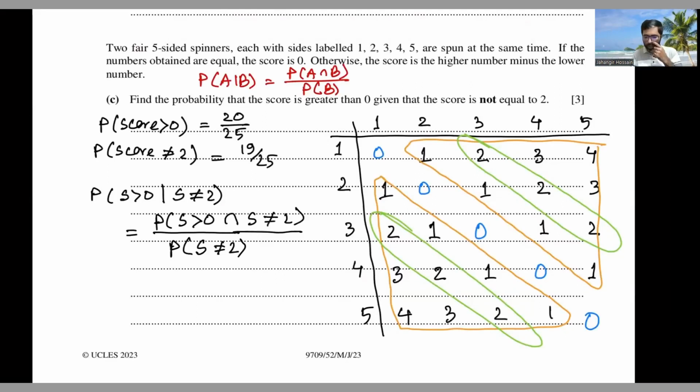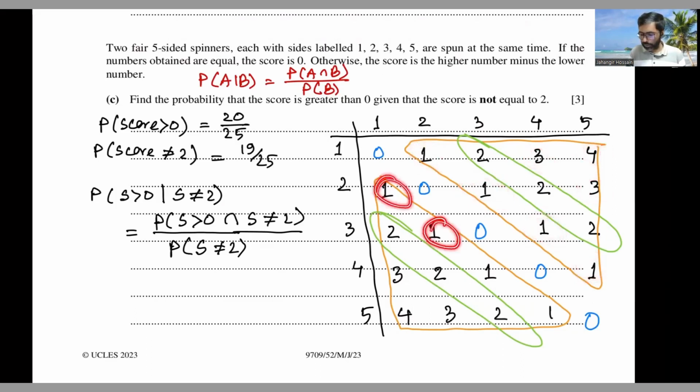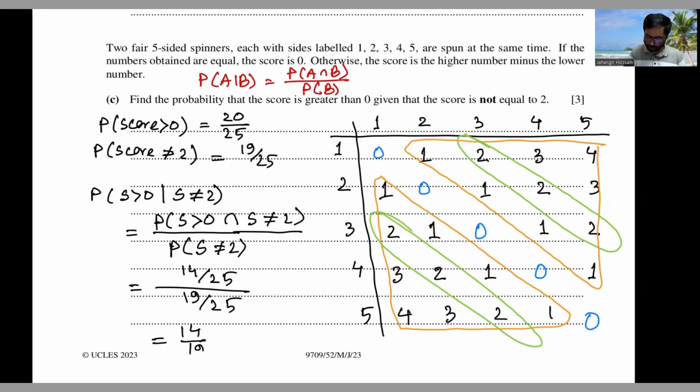Now, in how many of the events is this score greater than 0 and not equal to 2? Obviously, you see these are 1, 2, 3, 4, 5, 6, 7, and 7 here. So total 14. 14 by 25, and not equal to 2 is 19 by 25. So the answer is 14 by 19.